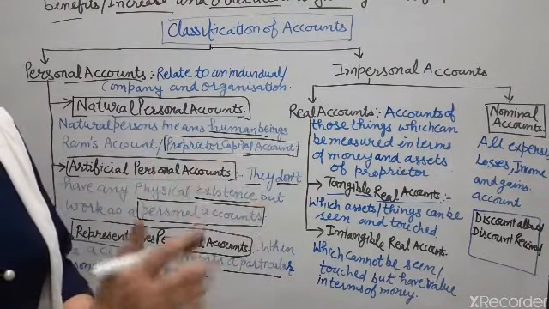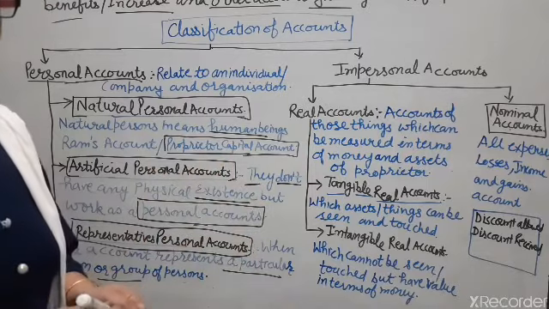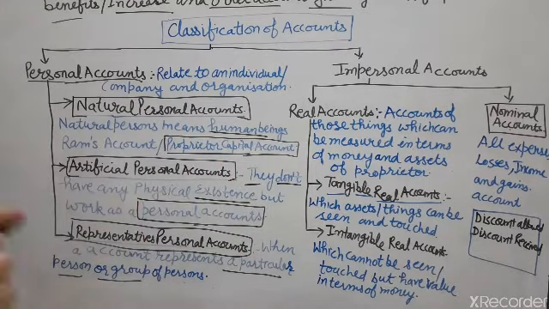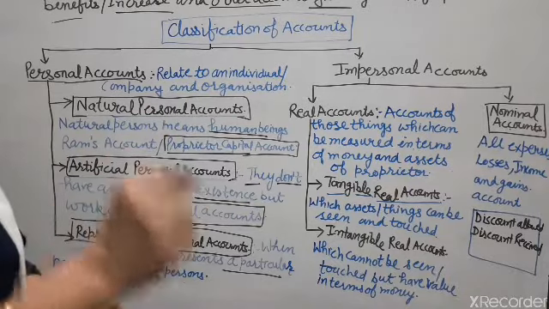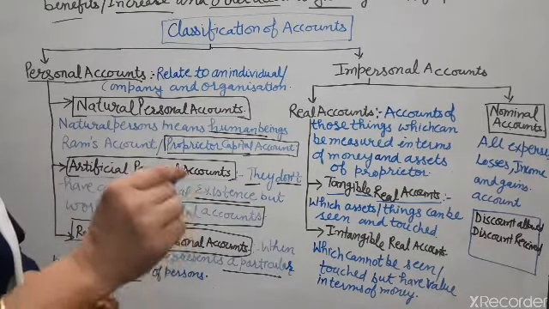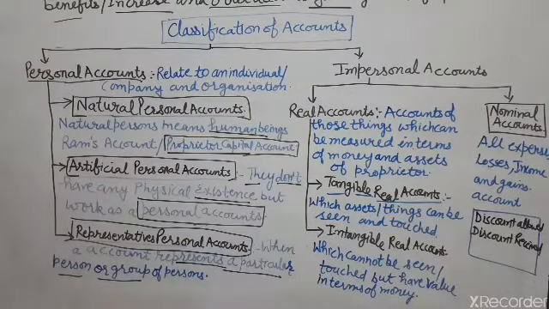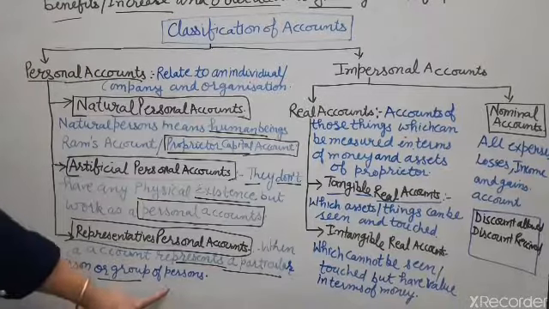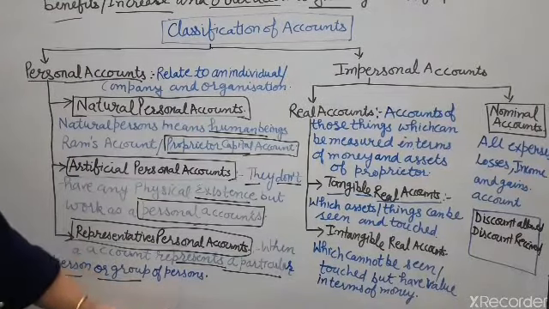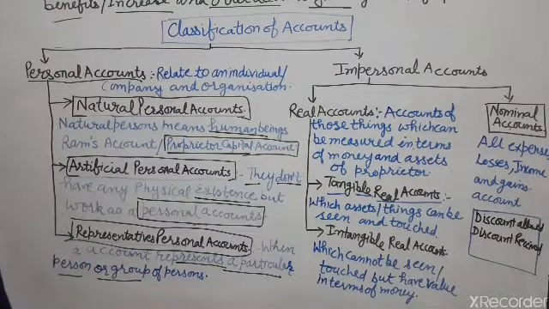We have to pay salary to a person, and we don't pay salary to them. That means Ram's salary was not paid to them. That is called salary outstanding, and this salary represents Ram. So an account that represents a particular person or a particular group of persons is called a representative personal account. Same with salaries outstanding and prepaid salary.